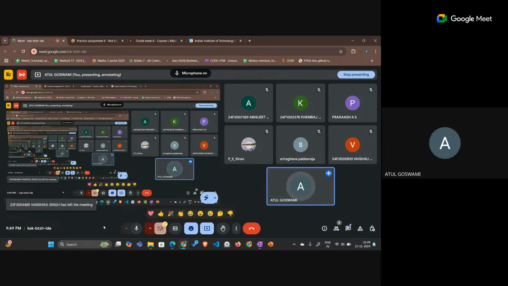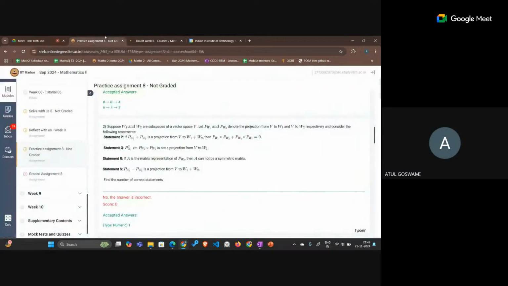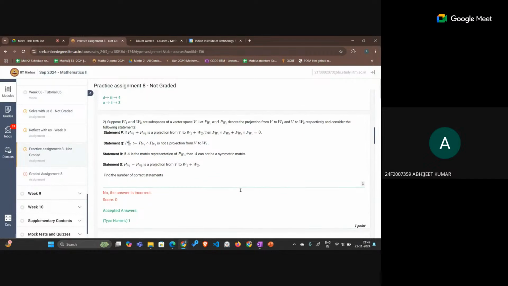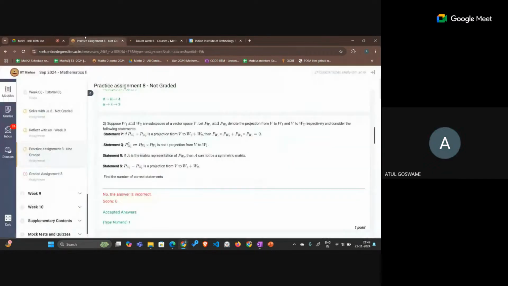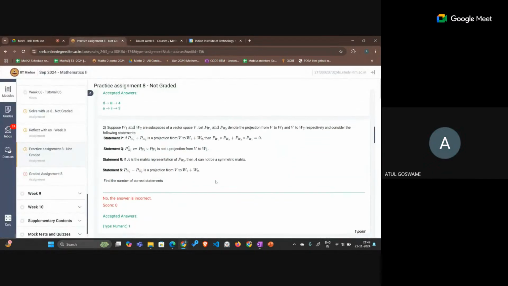Okay, so let us discuss this question. First option saying P W1 plus PW2 is a projection from V to W1 plus W2, then this is 0.